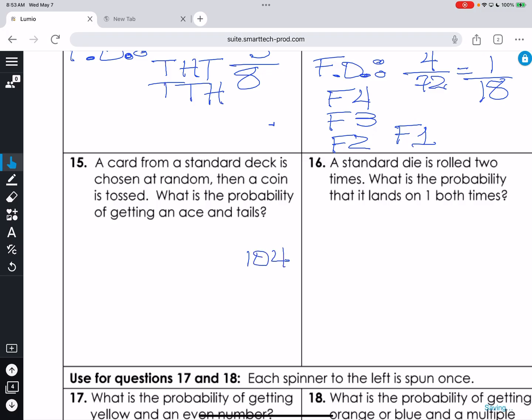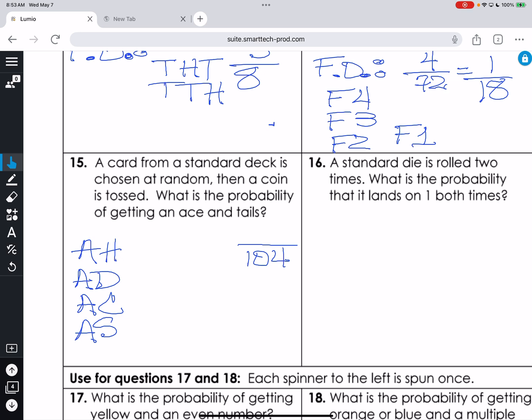Okay, let's draw it out. What is the probability of getting an ace? So we use 4 aces. We're going to have an ace of hearts, an ace of diamonds, an ace of clubs, and an ace of spades. Okay, we could get one of those. But then what is our other option when we toss the coin?